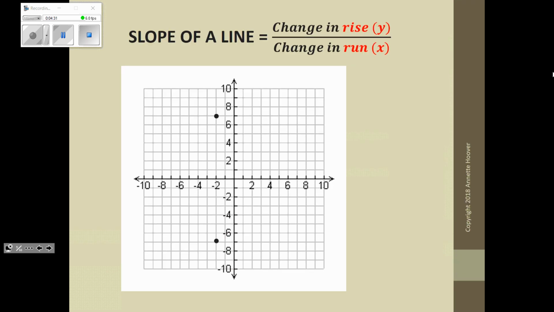On this next example, to get from point A to point B, the rise would be down, it looks like 14. That's a -14. But the run, you're on the same line, so you do not have a run from left to right. Now in math, we have a rule that says thou shalt not divide by 0. So let's think about this.